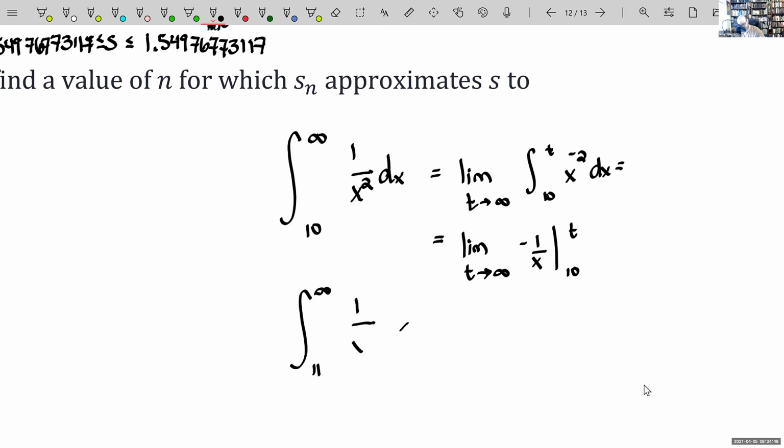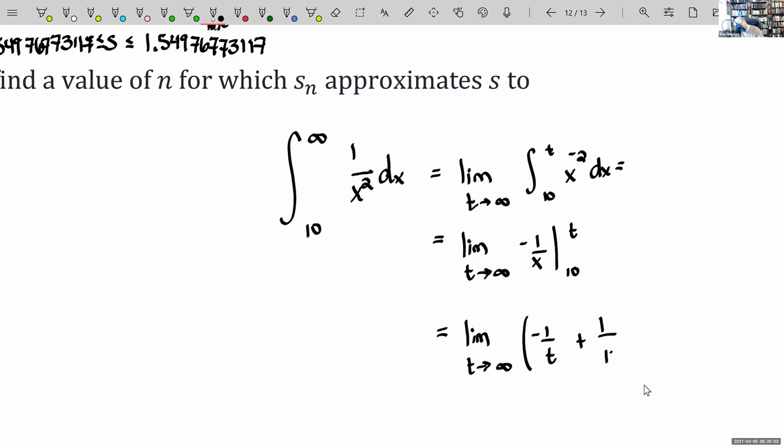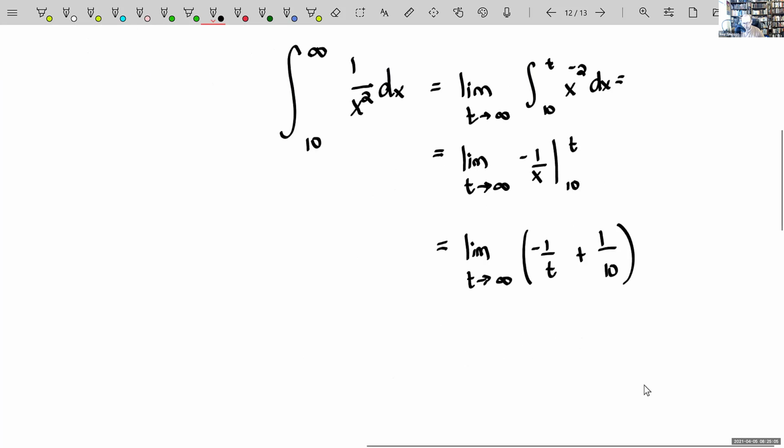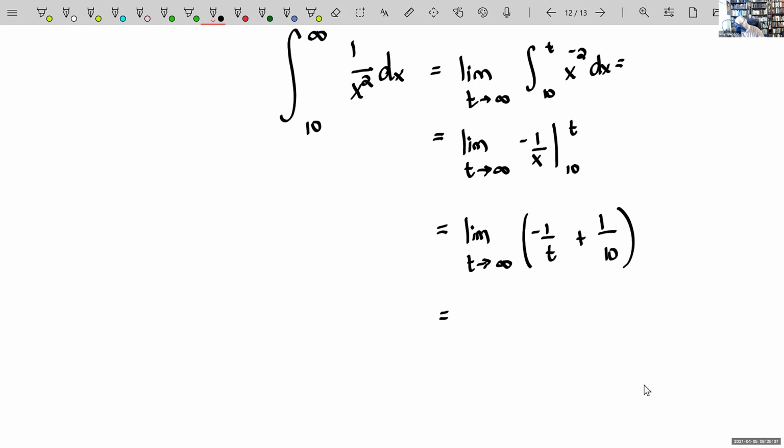And let me go ahead and erase this and get it out of my way. I'll deal with that in a moment. And this is going to be a limit as t goes to infinity of -1 over t plus 1 over 10. Now, as t goes to infinity, that's just going to be 1/10. And likewise, we can use that as a template for the integral from 11 to infinity. That's going to be 1/11.